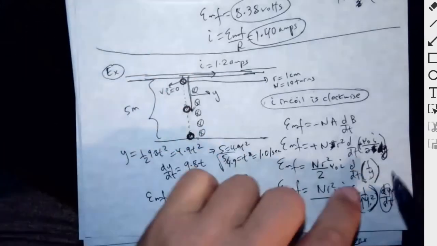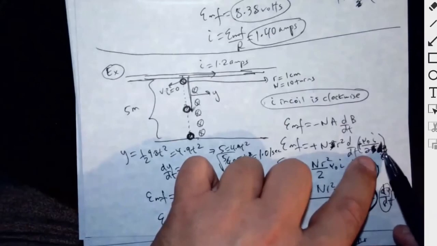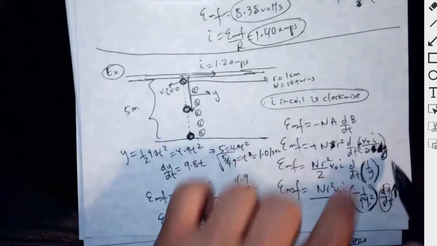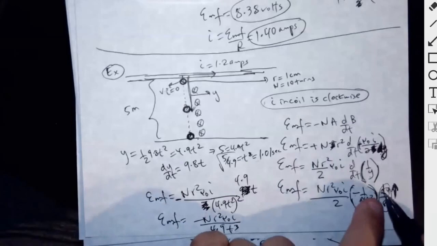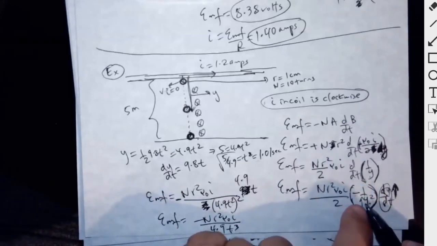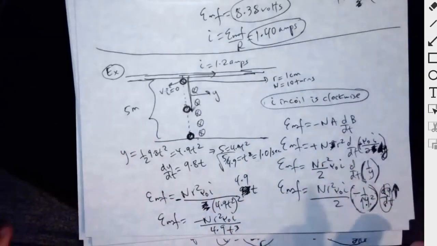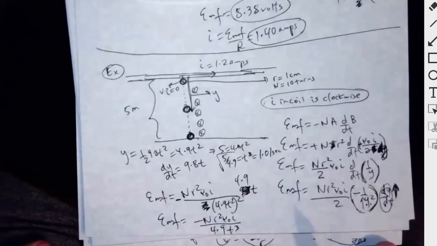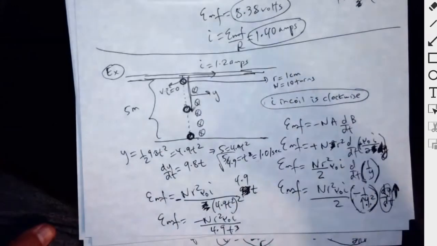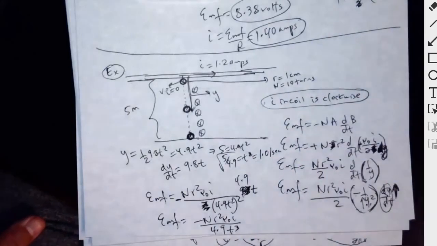So the rate of change of the 1 over the distance is less and less noticeable the farther you get. Even though the v gets bigger, your distance from the wire is farther, and you're going into regions of weaker magnetic field. So the effect of Faraday's law is less and less noticeable as you move into regions of weaker field. That's kind of what's happening.